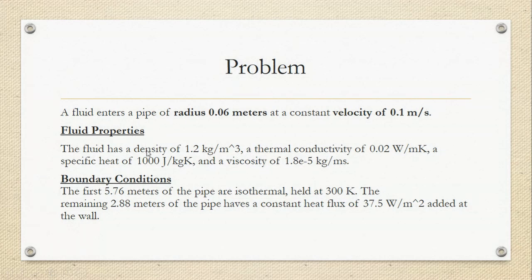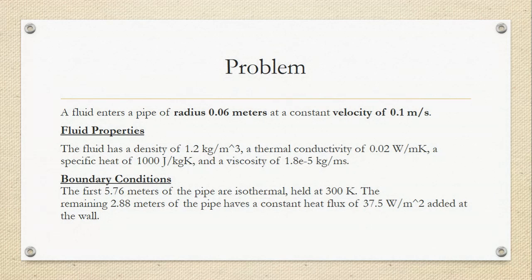The fluid has the following properties: density is equal to 1.2 kilogram per meter cube, a thermal conductivity of 0.02 watt per meter dot Kelvin, specific heat of 1000 joule per kg dot Kelvin, and a viscosity of 1.8 into 10 raised to power minus 5 kilogram per meter dot second.